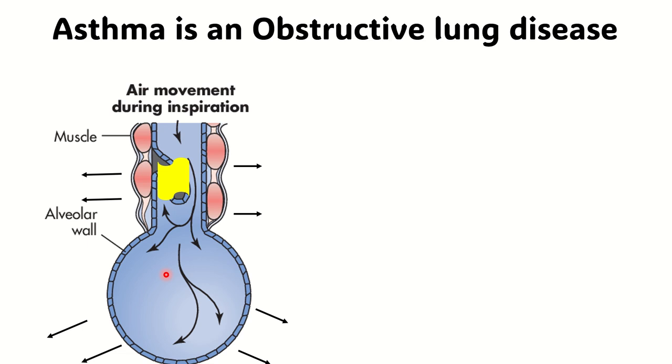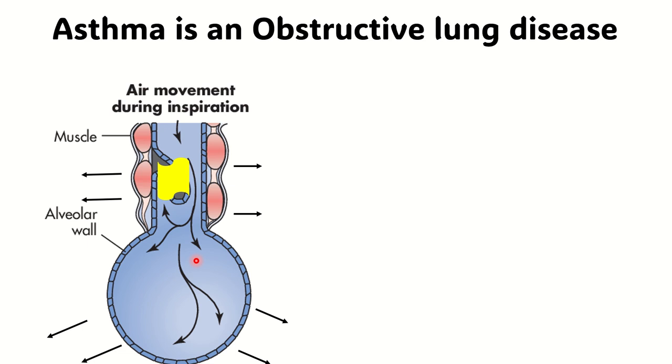When a person inspires, remember, your alveoli expand, right? Neighboring these airways there will also be alveoli on the left side and right side. So when an alveolus tries to expand in this direction, it will slightly pull open your airways. So a slight opening is still present, and air can easily move into the alveoli. So during inspiration, air can still enter the alveoli.